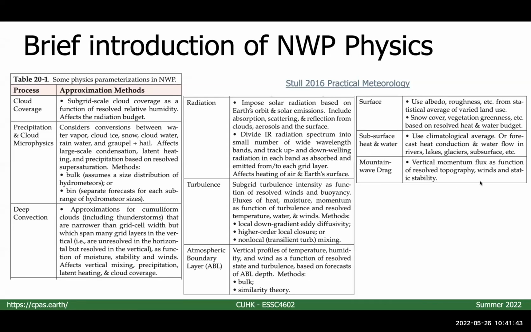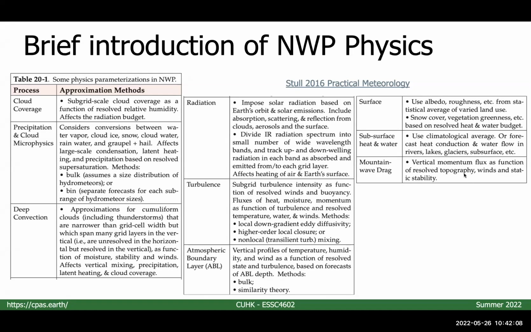And then this mountain wave drag parameterization scheme shall take that as input and then do some calculation according to some formulation on how gravity waves may be generated and then affect the atmosphere above.